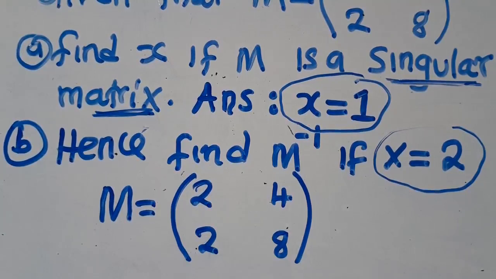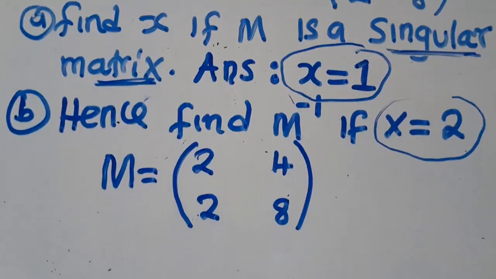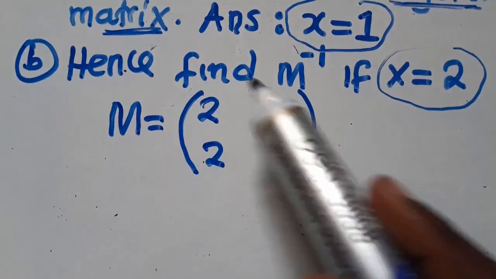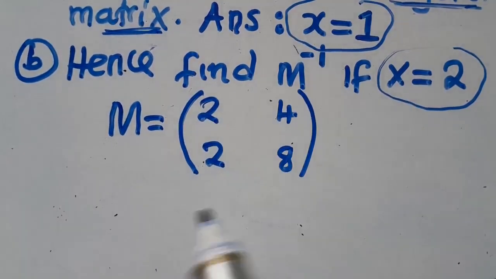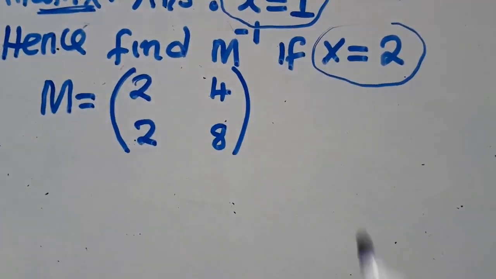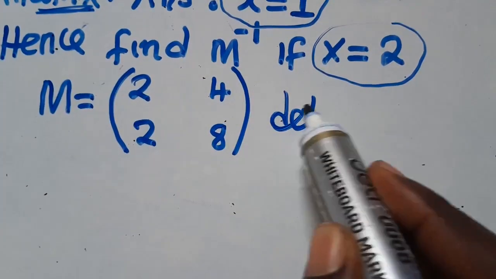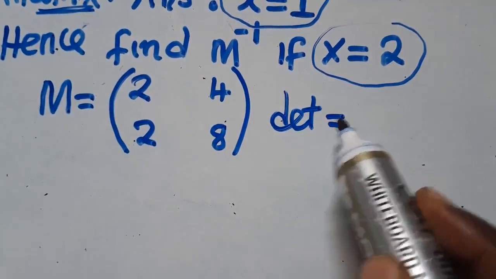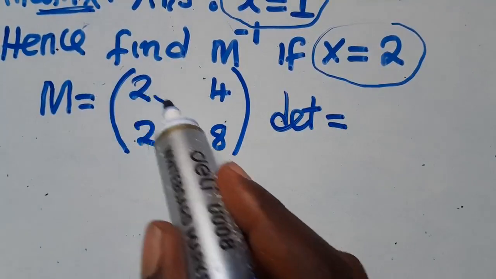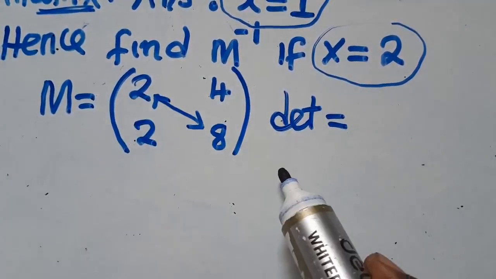So you first find the determinant. Let's find the determinant. What's the determinant of this matrix? I'm going to write it here. Determinant is equal to what? You multiply the major diagonal. That's the major diagonal.